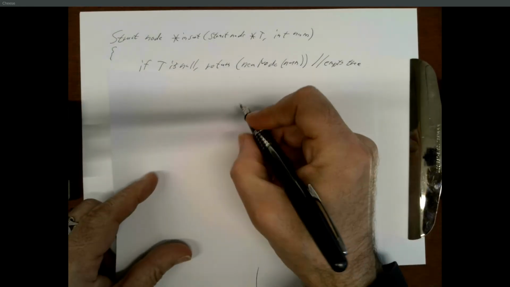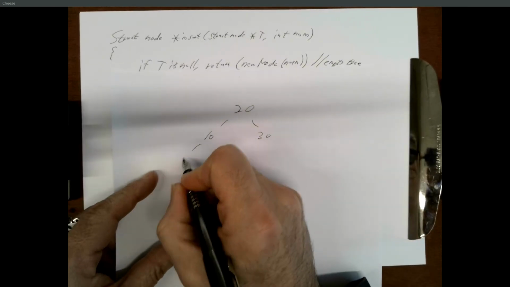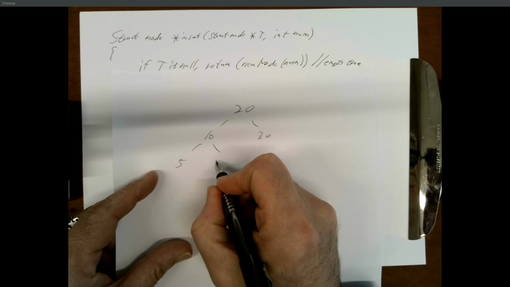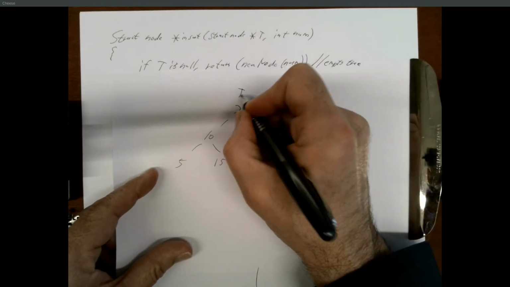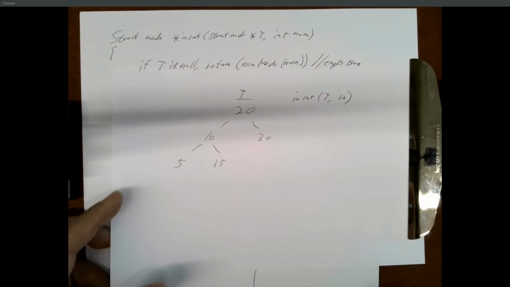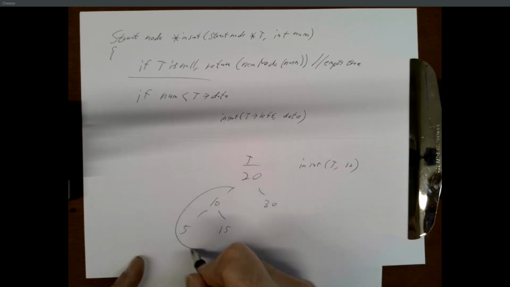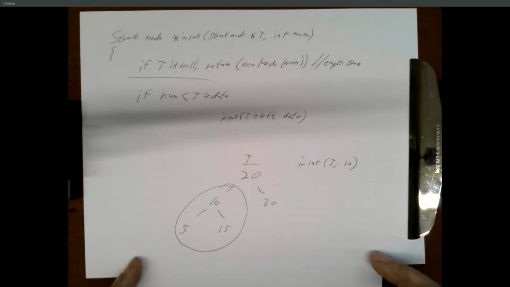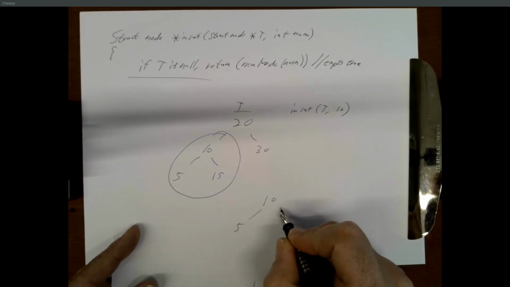So let's say our tree originally looked like this. And we're saying insert, let's insert a 12. What this call is going to do is take the left subtree and insert a 12 into it, which means it's going to turn into something like this.